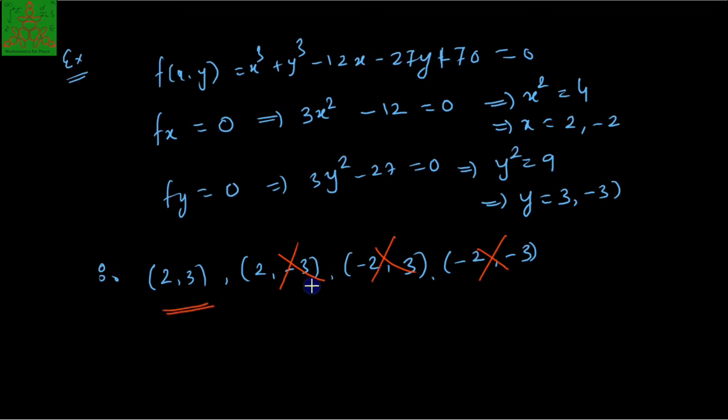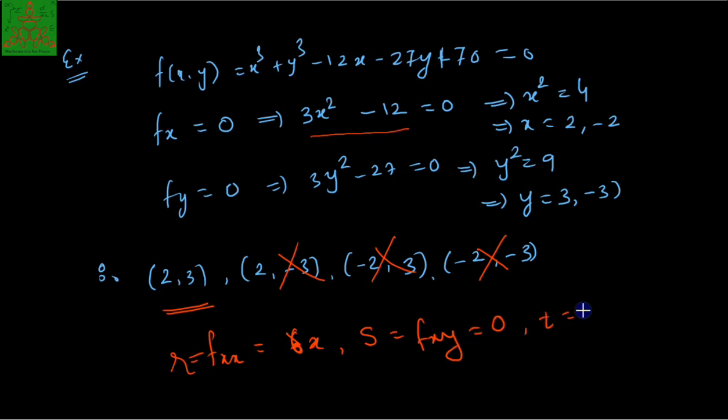And that's why, if you calculate fxx, that is r at the point (2, 3), fx is this, so it is 6x, s which is fxy is 0, and t which is fyy is 6y.